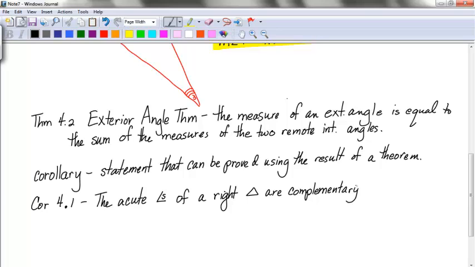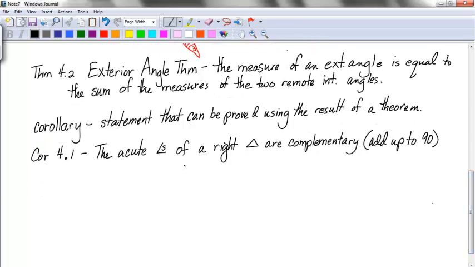A right angle is 90. So if you subtract, the other two angles have to add up to 90. So they are complementary, which means they add up to 90. In a right triangle, the measure of angle 1 plus the measure of angle 2 has to add up to 90.